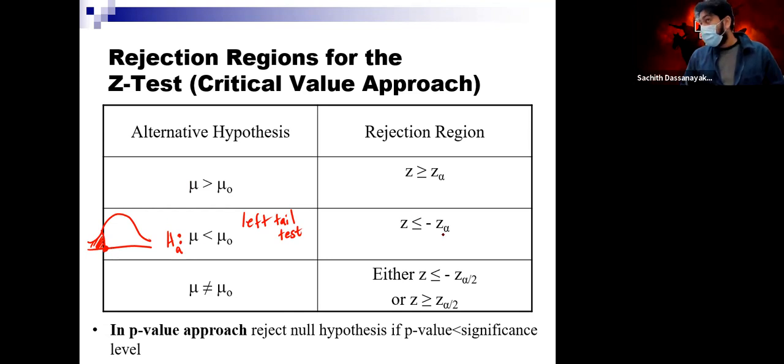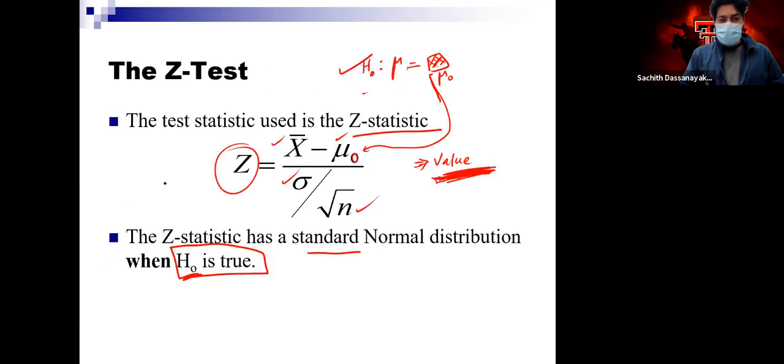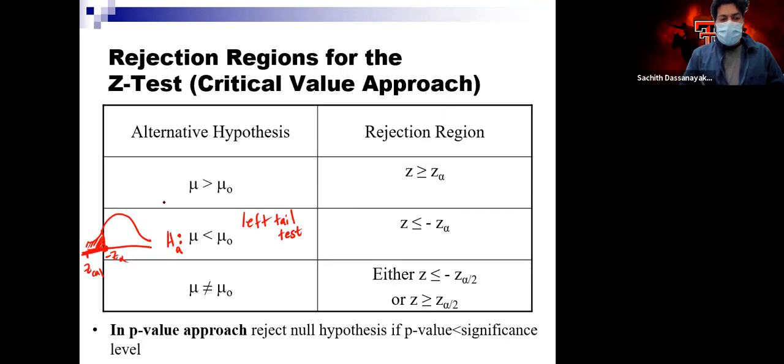This one, Z alpha. Here they have mentioned negative Z alpha because the left side is normally negative, but it doesn't matter what the value is. Whatever is in this axis from its beginning to this point, we reject. So once your Z cal value is somewhere here, whatever is here, we reject. It's obvious, right? That's what they have mentioned here.